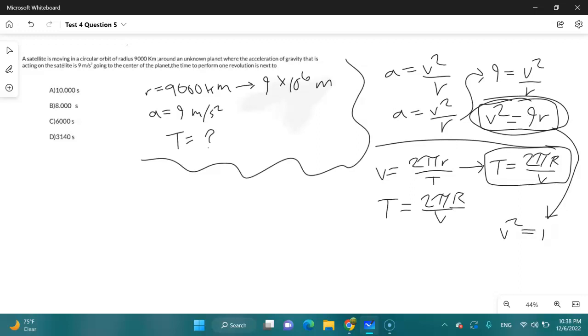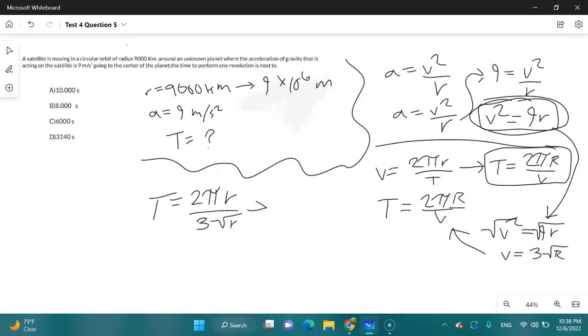The first thing we're going to do is square root both sides. So we're left with v is equal to 3 square root of r. And now we can plug this into this equation. So t is equal to 2 pi times the radius over 3 square root of the radius.